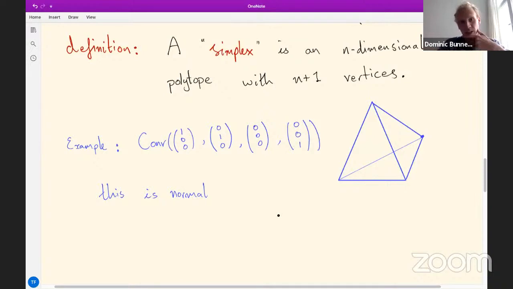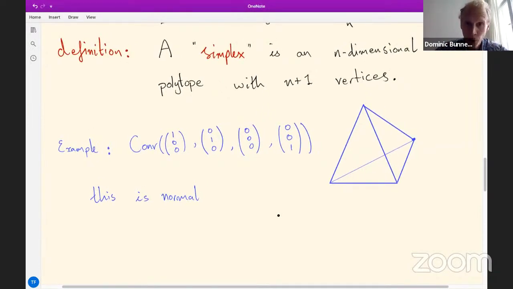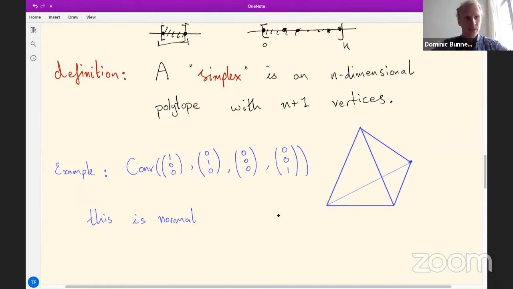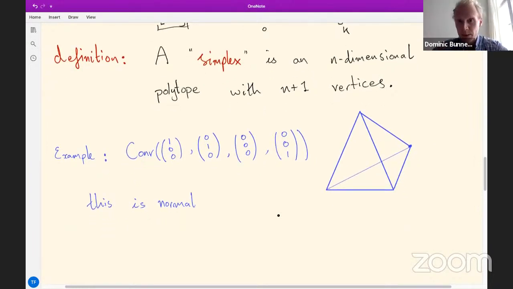The tetrahedron, which you see here, is 3-dimensional and has 4 vertices, and their facets, their highest dimensional faces, are simplices of dimension one lower. These are basically one of the nicest classes of polytopes. But as we'll see, there are still some questions which we want to understand, and which I stumbled upon by trying to do some algebraic geometry.